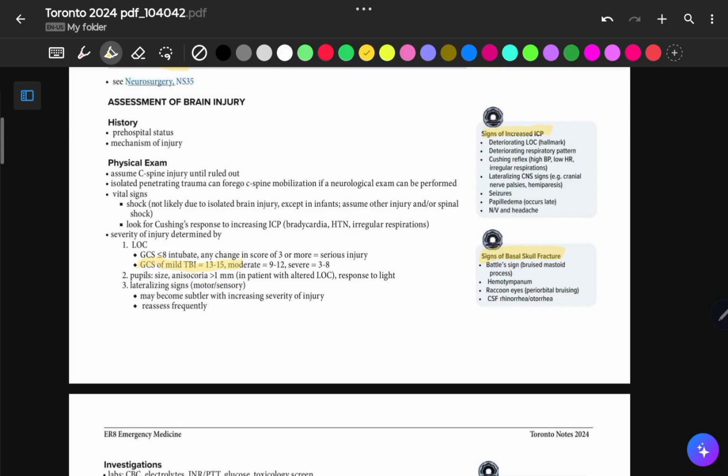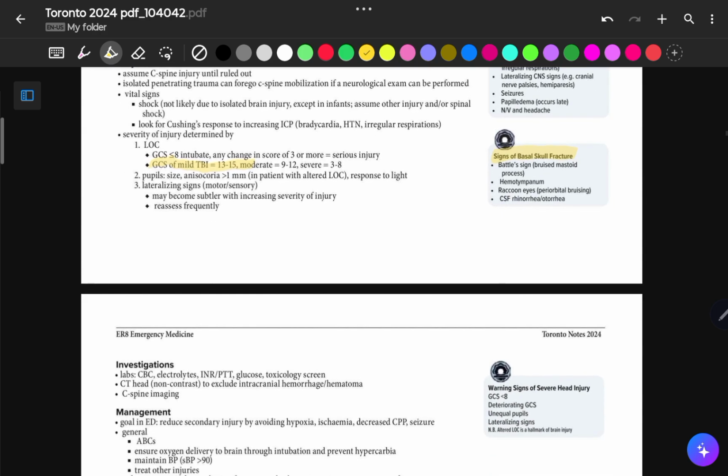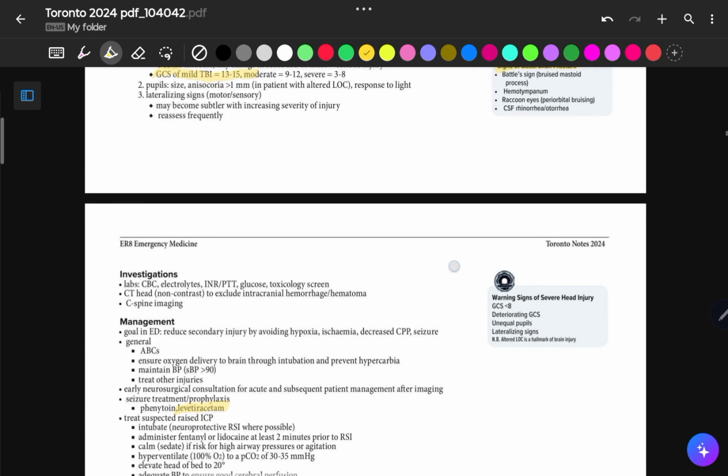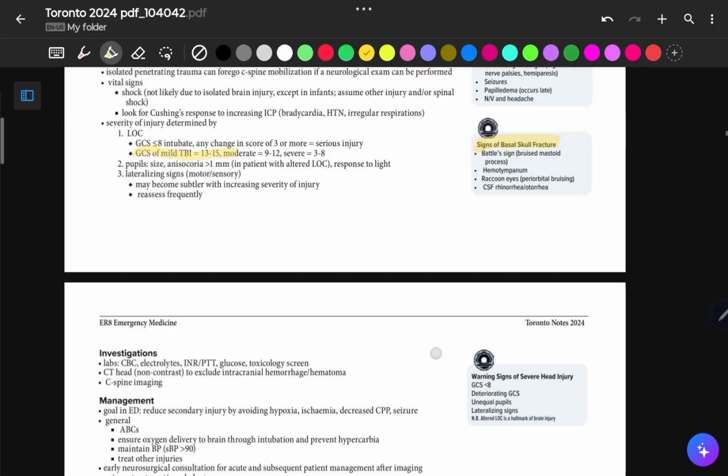They have decreased level of consciousness. They can have cranial nerve palsy or hemiparesis. They can present with seizure, nausea, vomiting, headaches. Okay. On fundoscopy, you could actually see papilledema.